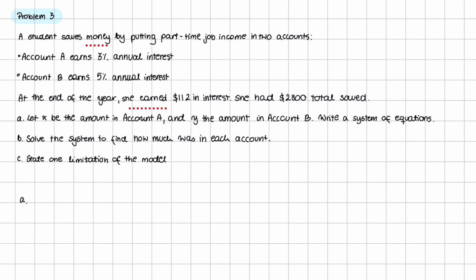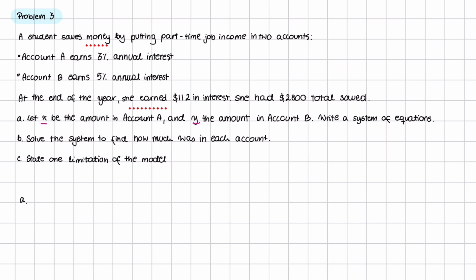And in A, let x be the amount in account A and y the amount in account B. Write a system of equations. So we have two unknowns, x and y. So this means that we will have two equations.